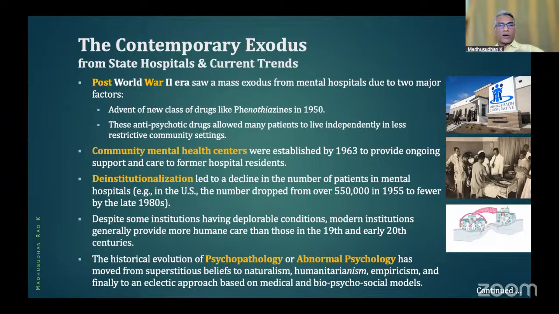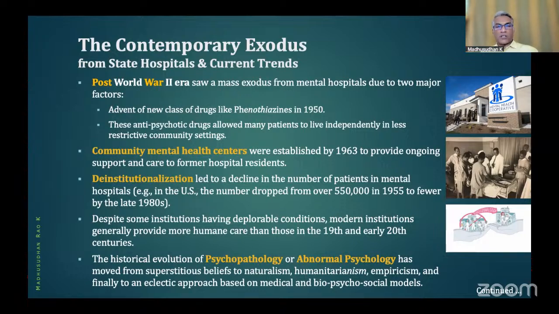So community mental health centers were established in 1963 to provide ongoing support and care for former hospital residents. To be very clear, people who were staying in hospital for treatment were sent out with the support of medication, and there were caregivers taking care of these people.